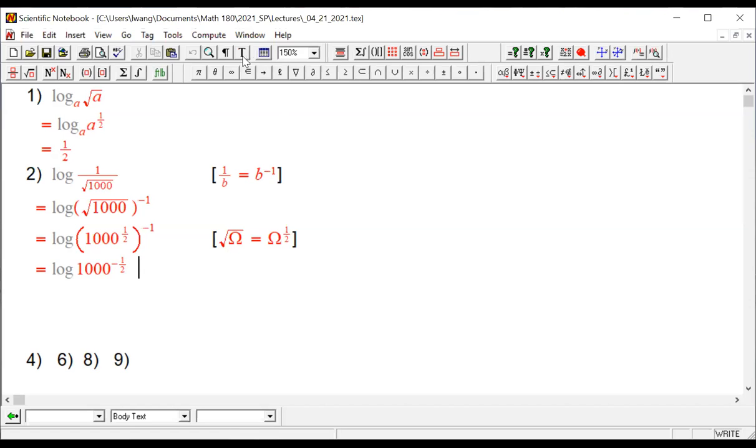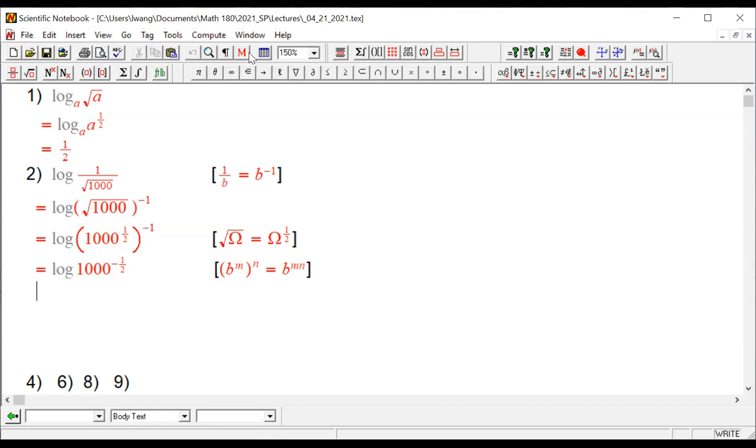And what he used here is b to the power of m, raised to the power n, equals b raised to the power of m times n, right? That's the property he used.